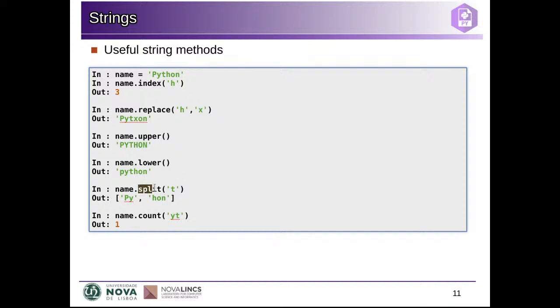For example, split with t, it will delete the character t and give you a list with the fragments. So it gives you pi and han and removes the t. You can use this if you have a string that contains several elements separated by some character. So this is, again, just a general idea that you have lots of methods for doing things with strings.